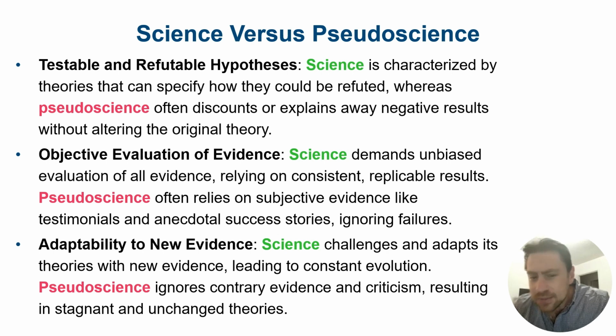By contrast, because pseudoscience often may be unfalsifiable or ignores criticism and contradictory findings, a lot of its ideas and theories may be kind of old and stagnant and stuck in the past.